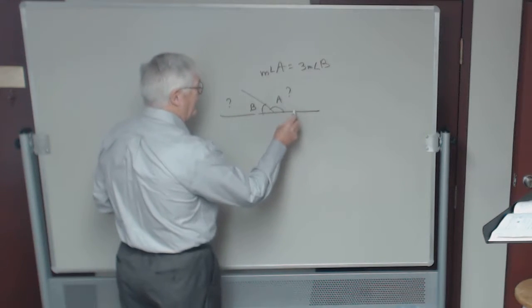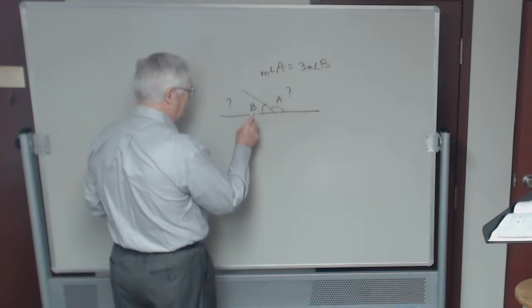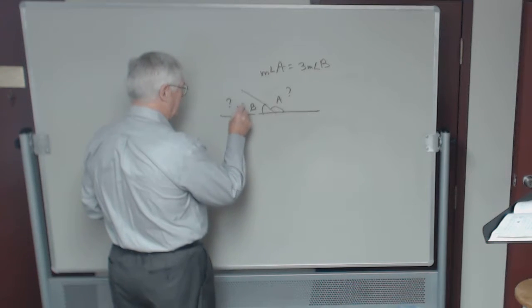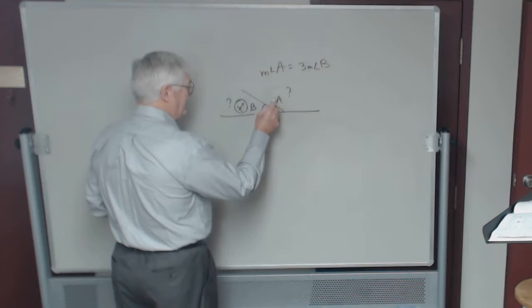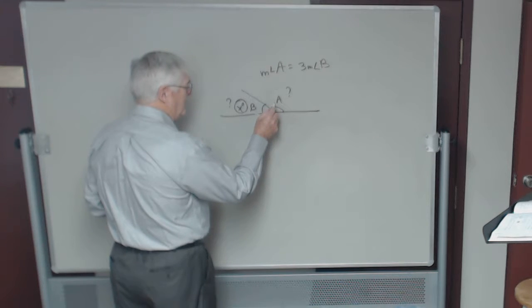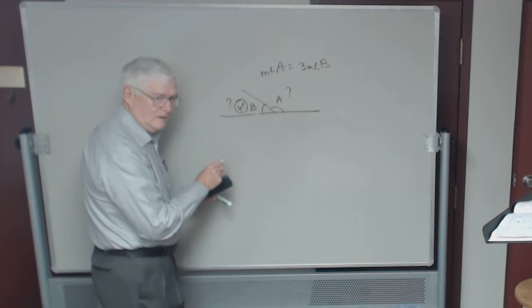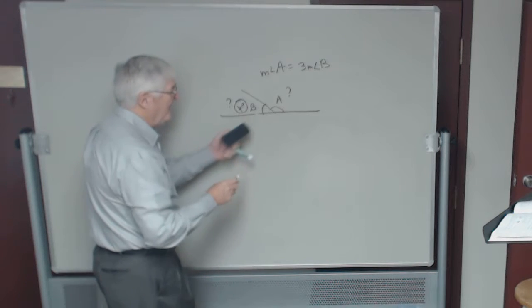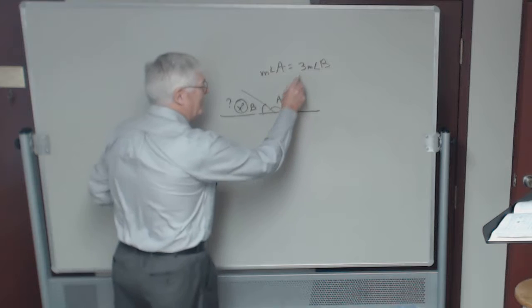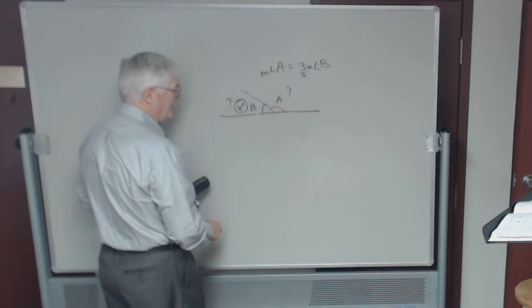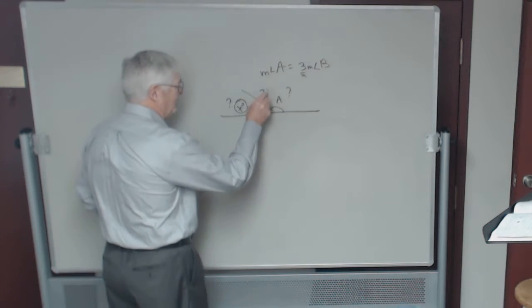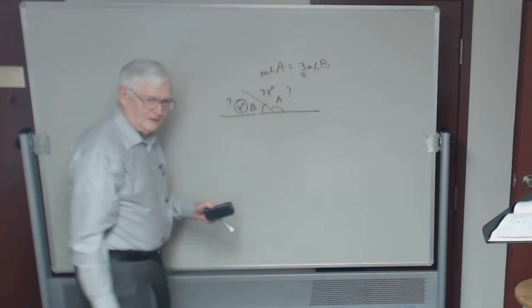Well, if B is x degrees, then what would A be? If it's 3 times that, it would be 3x degrees.